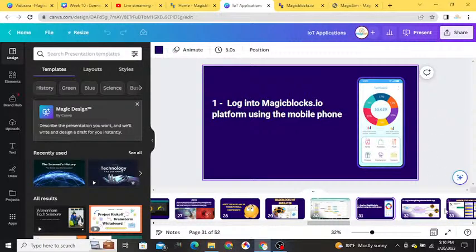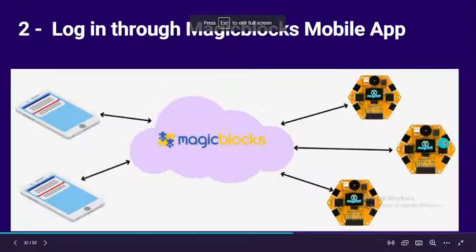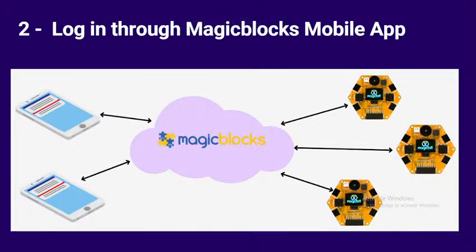So there's another way to overcome the earlier mentioned difficulties, to connect between Magicblocks, the mobile phone and Magicbit. You know this Magicblocks acts as the cloud platform of the connection mode between the Magicbit and the mobile phone or the laptop.